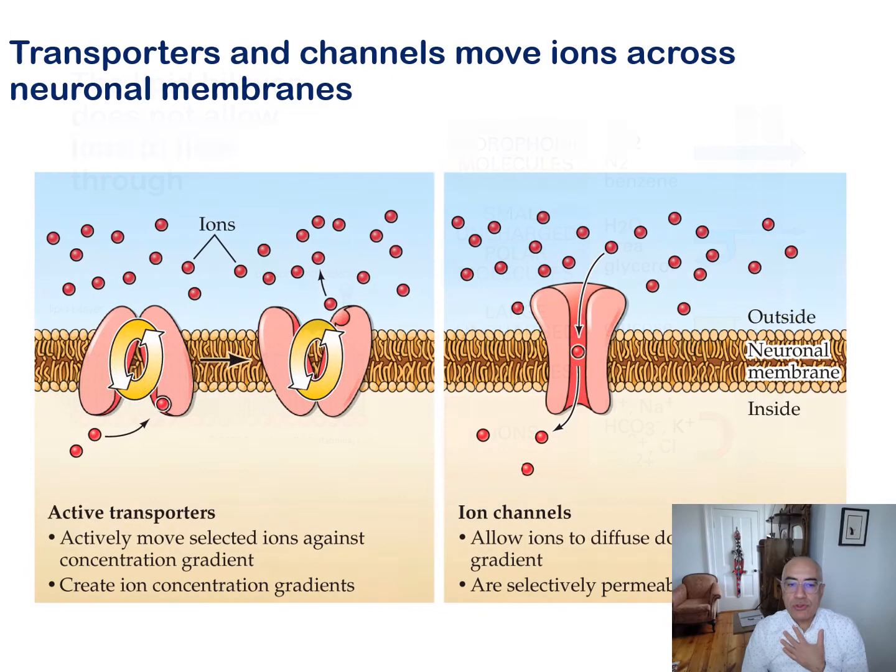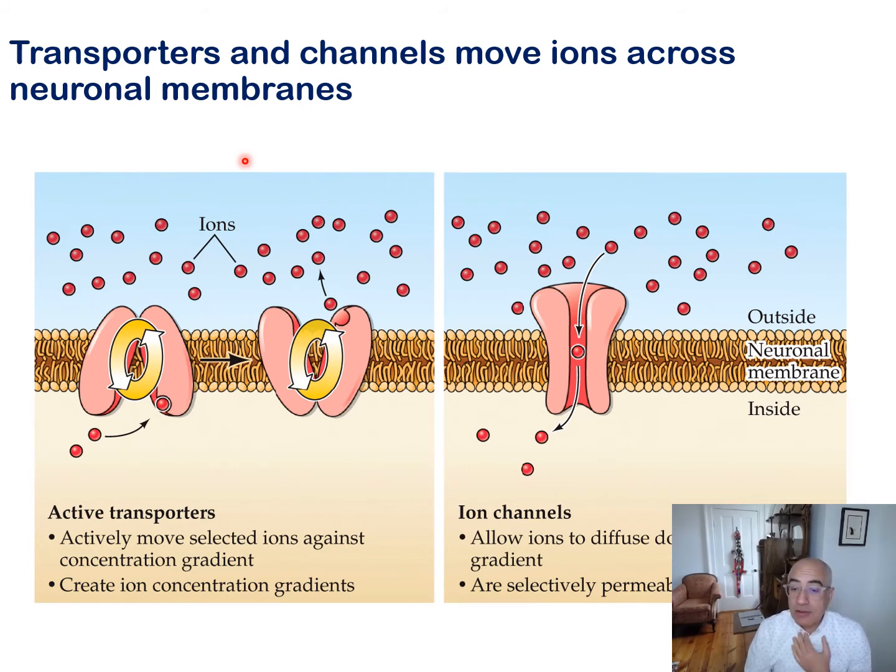There are two ways for ions to go through the membrane, and both of these are transmembrane molecules. One category of these molecules that allows ions to go through is transporters. Transporters actively move ions against their concentration gradients, and they can produce concentration gradients between the cytoplasm and the extracellular medium.